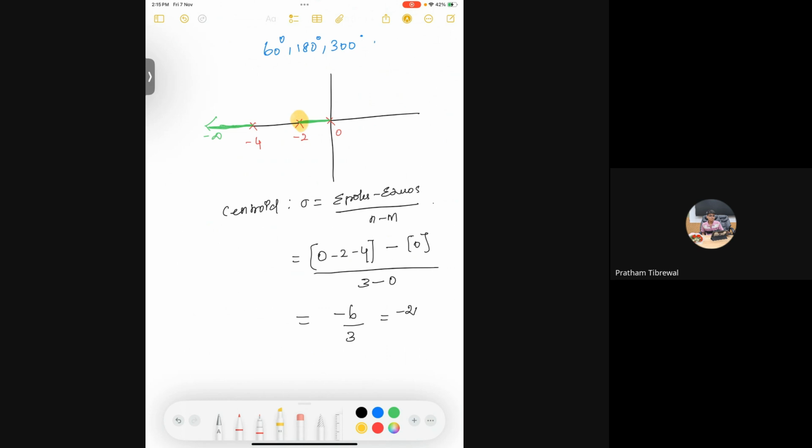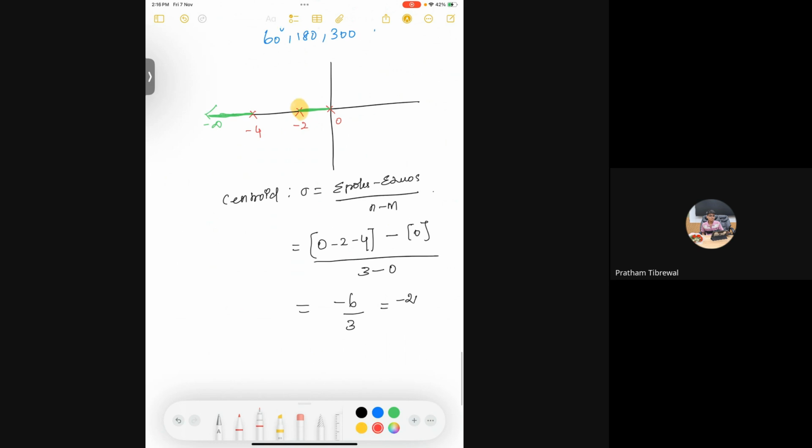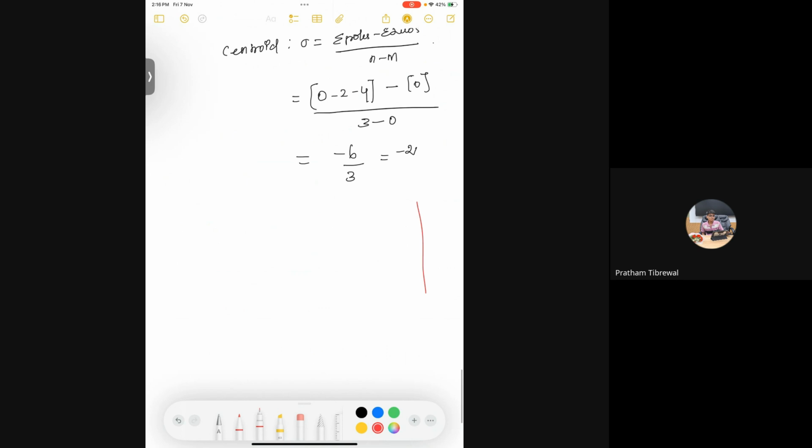Okay, so this we found. Now, as I said before, we have poles in these locations, right? Since there are no zeros, it is going to approach infinity, and we found the degrees at which it is going to reach infinity.